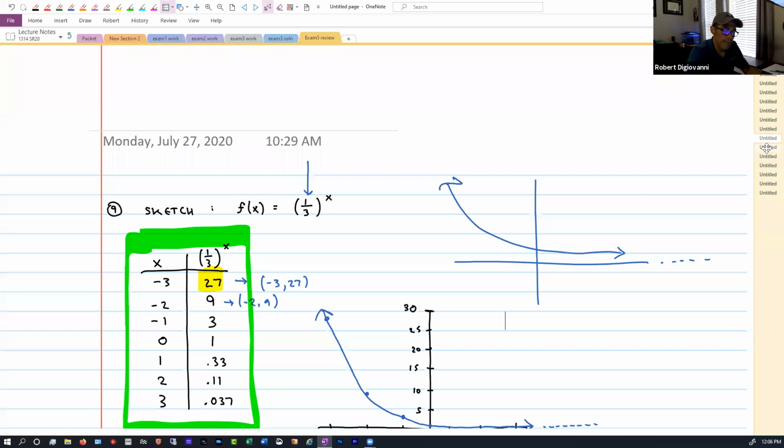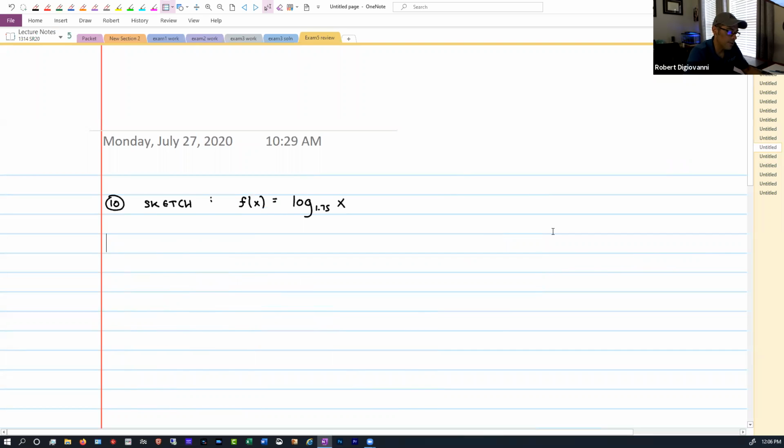Okay, so now what I want us to do is to sketch this function, which is a log function, but notice very conveniently that the base of this log function is 1.75. So the steps to do this are to actually figure out what 1.75 to the x is, and then switch the coordinates, which we already did, right?